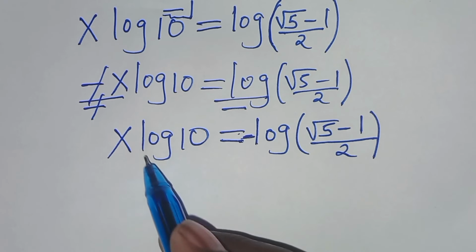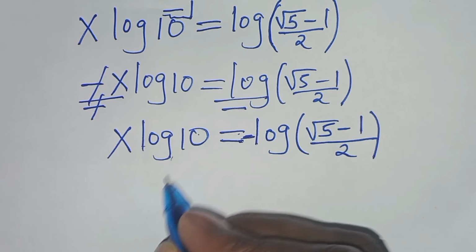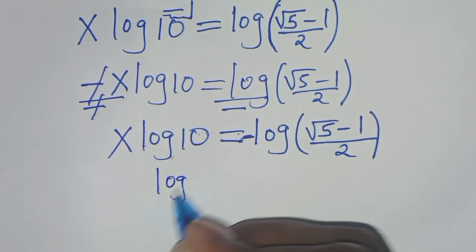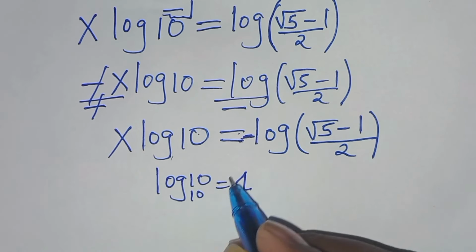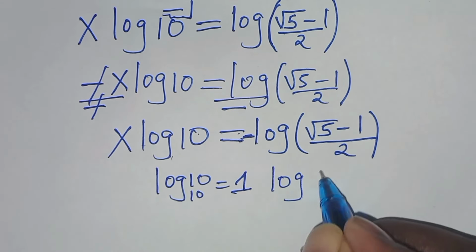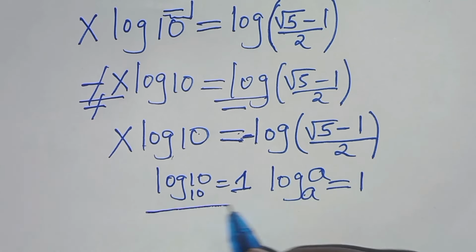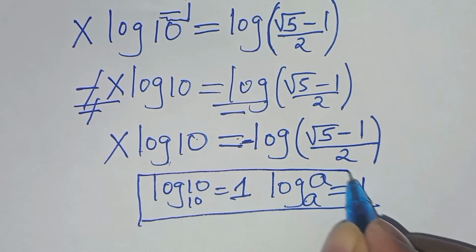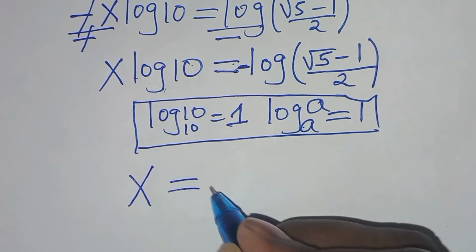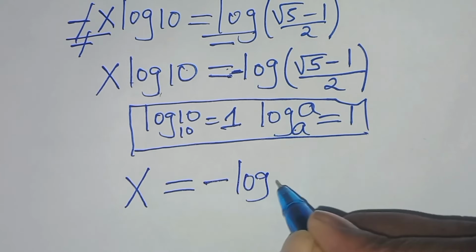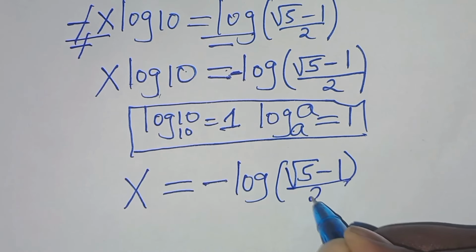The next step is that this is the same thing as log 10. If you have log 10 to base 10, this is actually equal to 1. This is in the form of log a to base a, which is actually equal to 1. So this implies that here we have x is equal to minus log of square root of 5 minus 1 divided by 2.